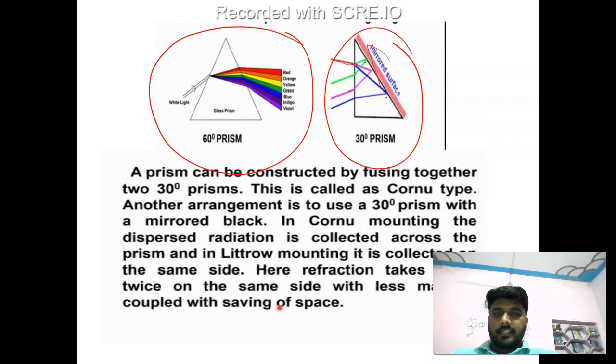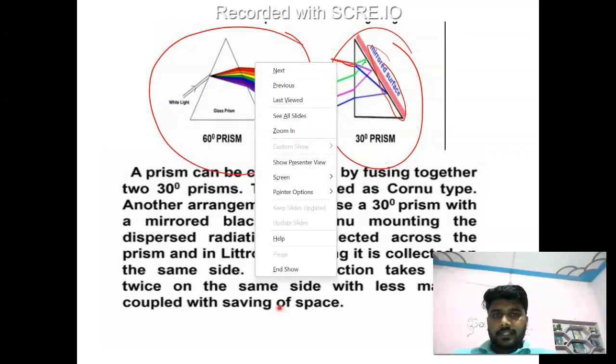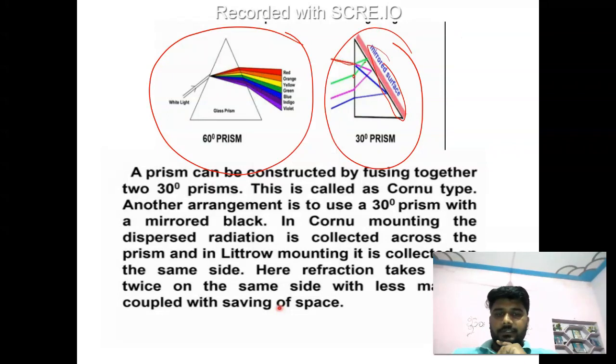Here is the mirrored surface, so it will reflect the ray back. The radiation is incident on this surface and also collected on this surface, right? So this type of mounting is called Littrow mounting. So refraction takes place twice on the same side.